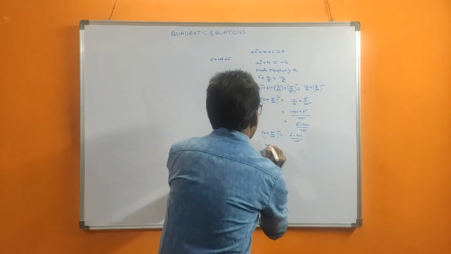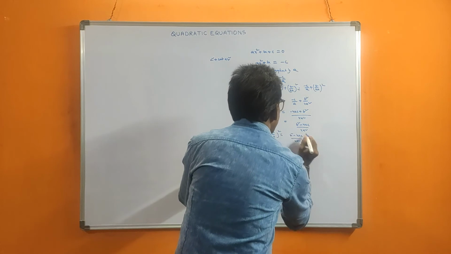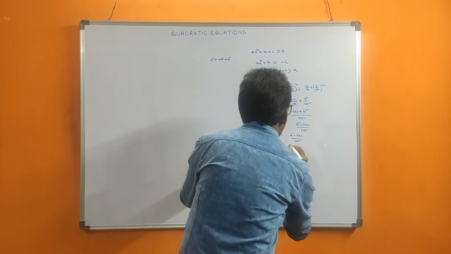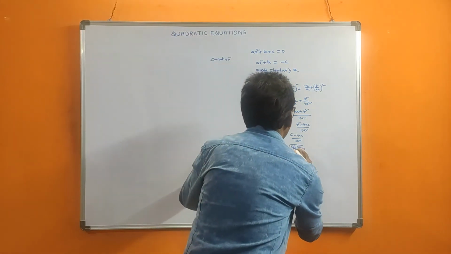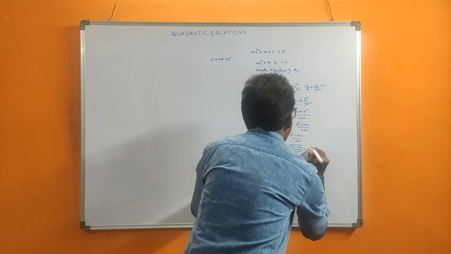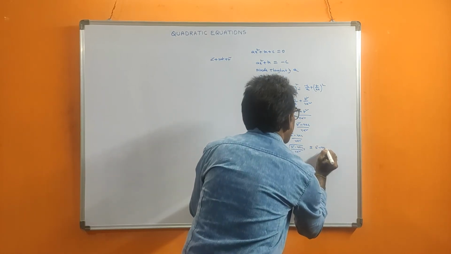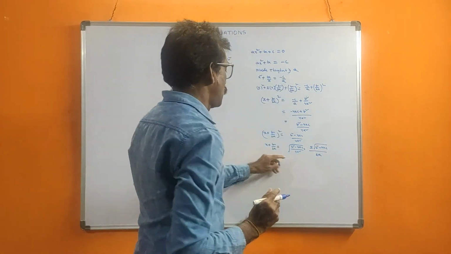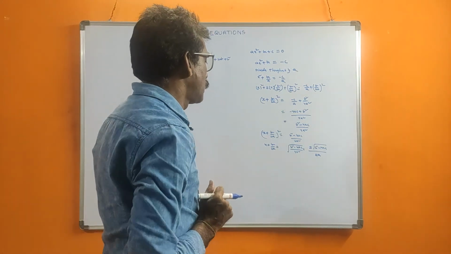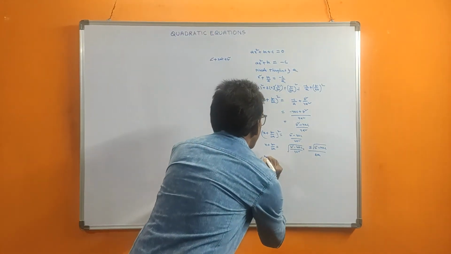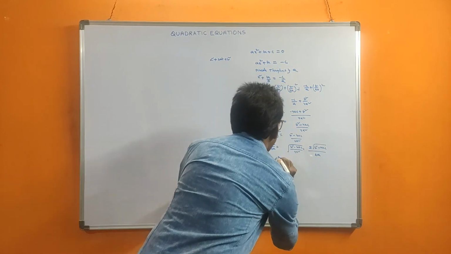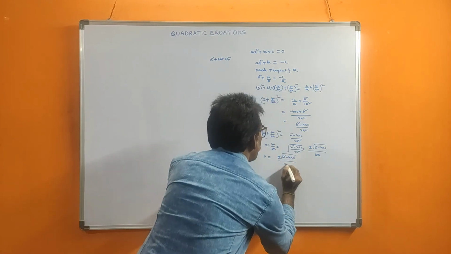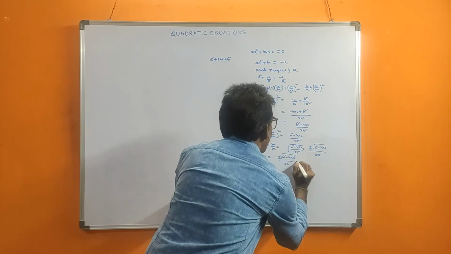We want x plus b by 2a, so we take the root of b square minus 4ac by 4a square, totally under root. So plus or minus root of b square minus 4ac, and the root of 4a square is 2a. Now we want only the x values, so we send this to the other side: minus b by 2a.